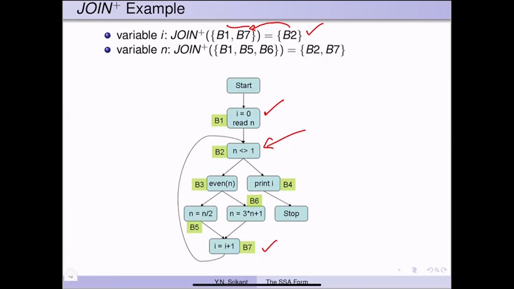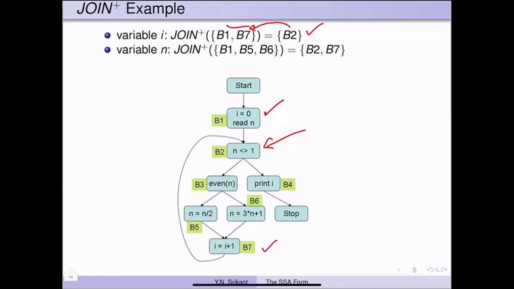I told you that there is a reason for the iterated join. The point is, when we insert the phi instruction after the first iteration, it would be an assignment to a variable that you have seen already. It is possible that the new assignment induces another phi instruction somewhere else.